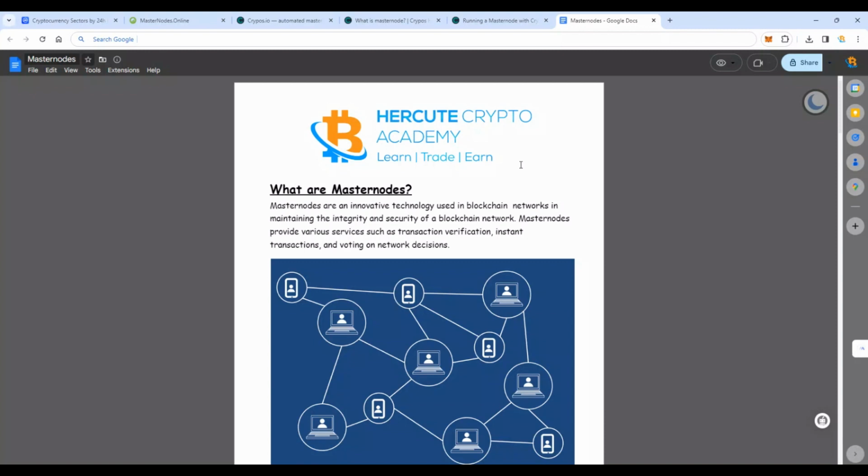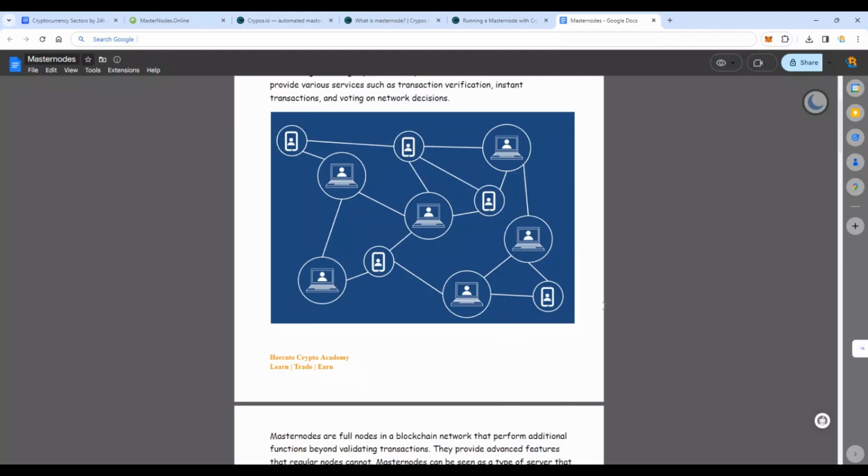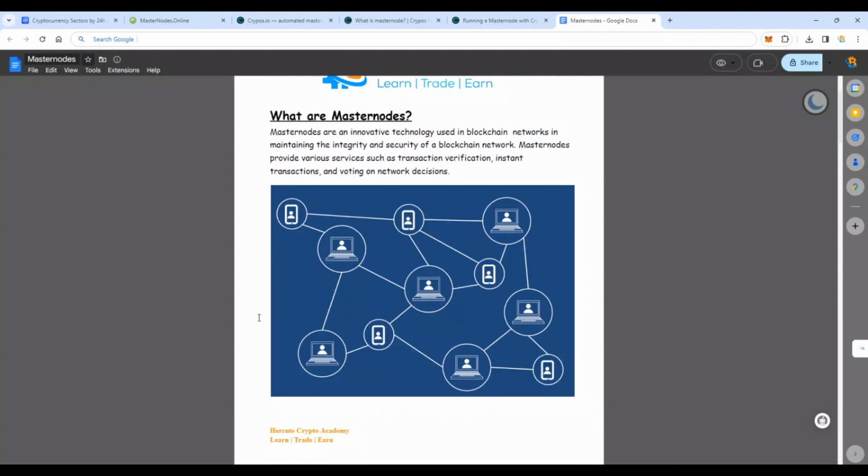Remember, masternodes in the simplest language possible are like a computer. This computer keeps data of every transaction or activity that is happening on any given blockchain network. That is to mean, for example, if this computer has that data, this one has, this one has, it will be very, very difficult for you to hack such a network.